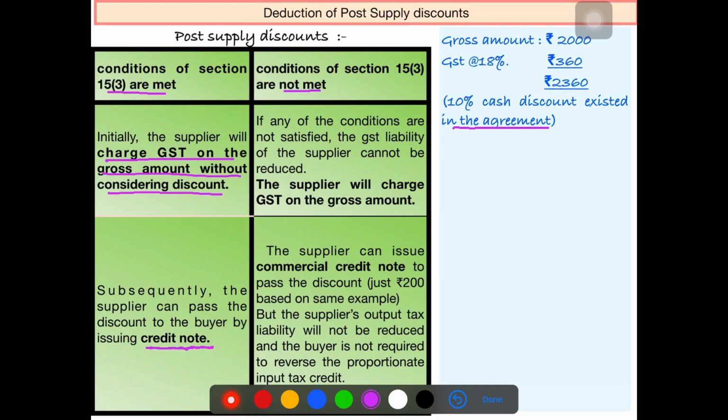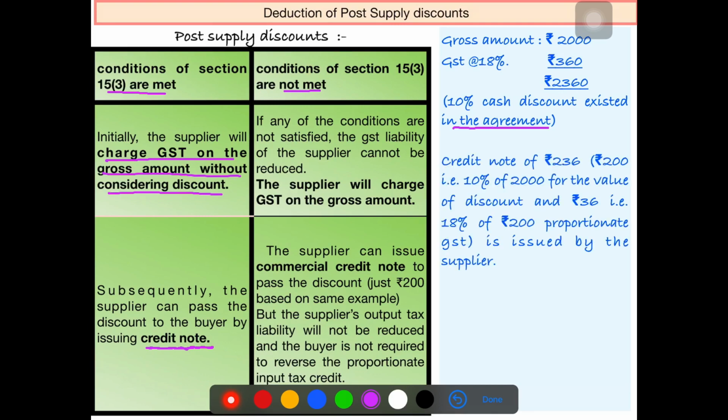So when the conditions of section 15 subsection 3 are met, the supplier can pass the discount by issuing a credit note. Of what value, based on this example, do you think the supplier will issue the credit note? Credit note of rupees 236, which includes rupees 200 discount, which is 10% of 2000, and rupees 36 GST, proportionate GST, which is 18% of rupees 200.